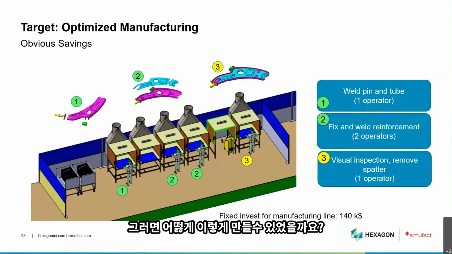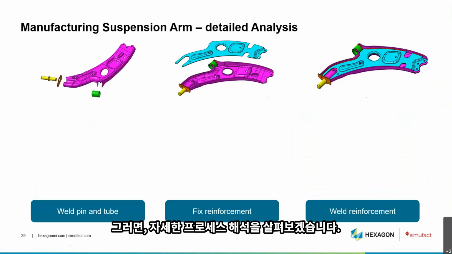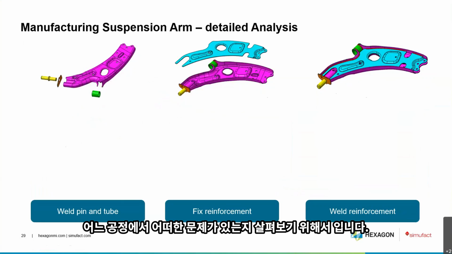And what could we do to get to this setup? Well, we would have to optimize the welding process so that the distortions are so low and the quality is so high that the corrective work is not necessary anymore. So let's make a detailed analysis of the process in order to understand what kind of problem we produce.